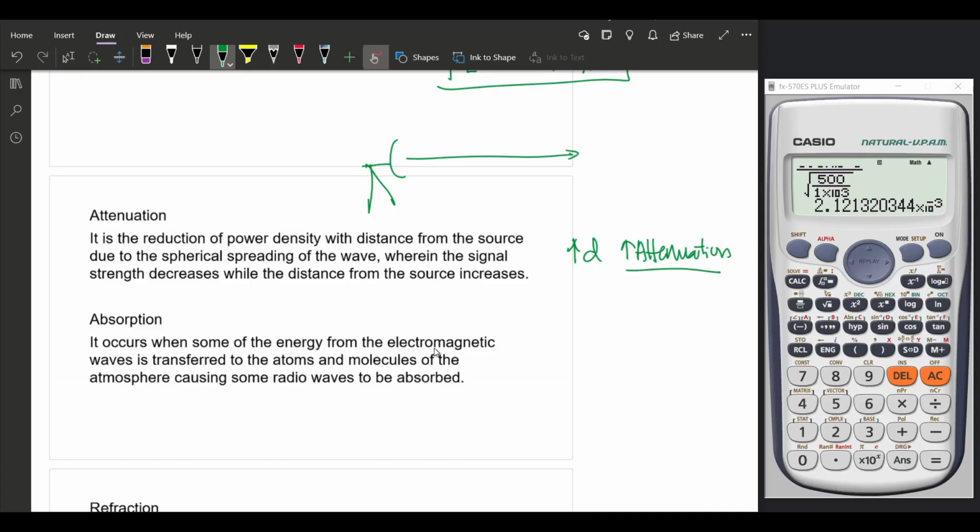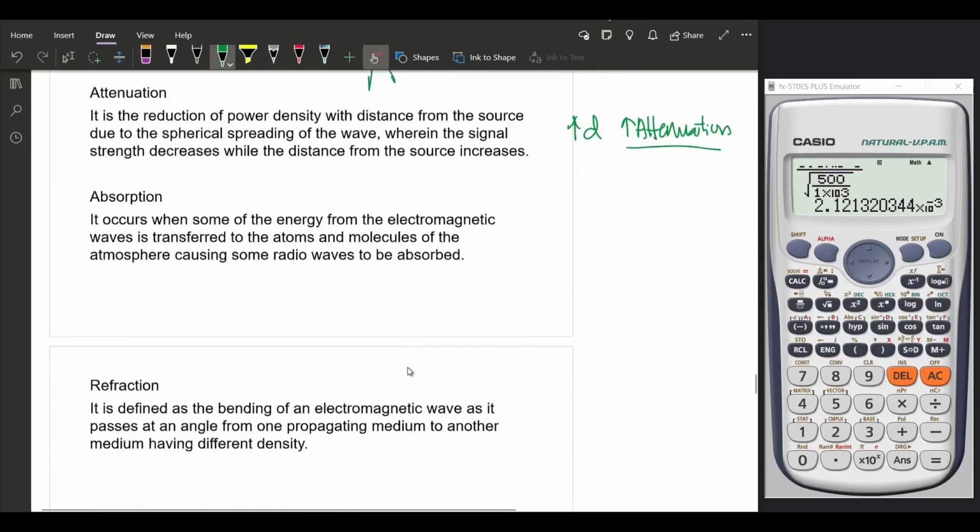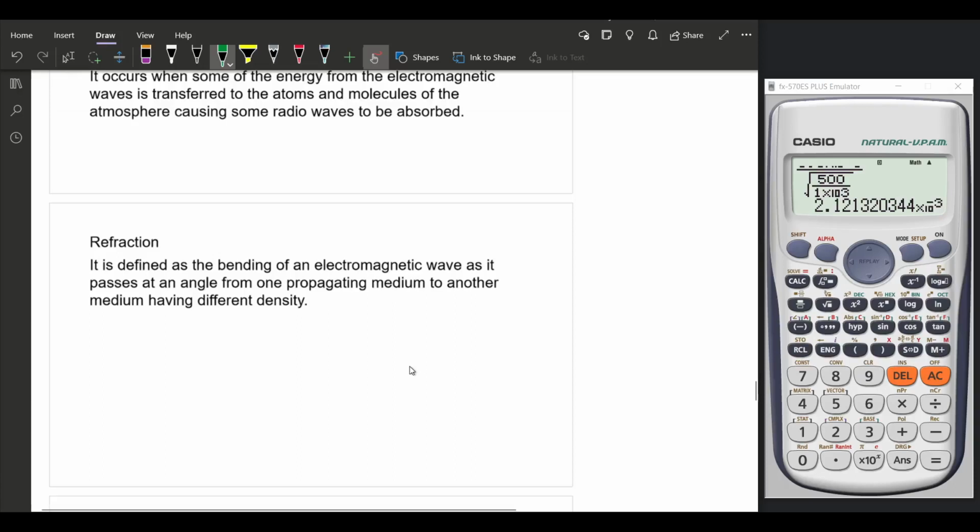Okay, if you're familiar with the optical properties, meron din ganun yung electromagnetic waves or the radio waves. Okay, so the first one is... so this is the first optical property na meron yung electromagnetic wave. Same with light. So para lang din siyang light signal.